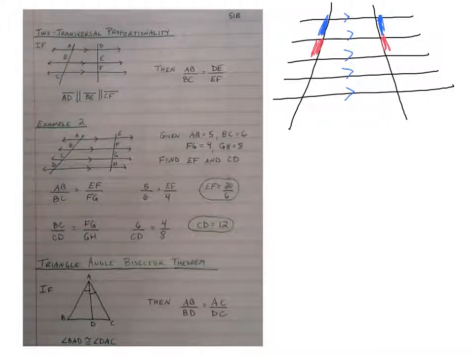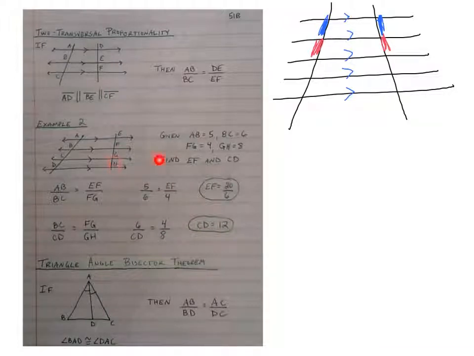So in example 2, I walk us through it. I give us, looks like 4 transversals, or 4 parallel lines cut by 2 transversals. And here's the transversals. I give you the information that AB equals 5, BC equals 6, FG equals 4, and GH equals 8.